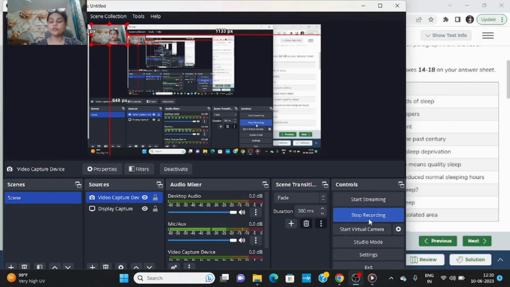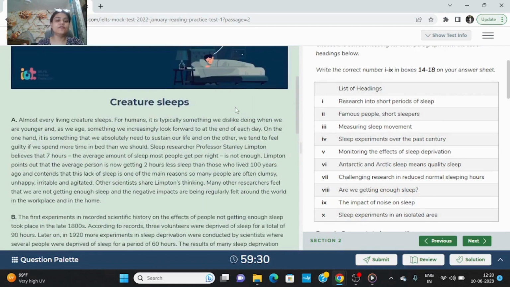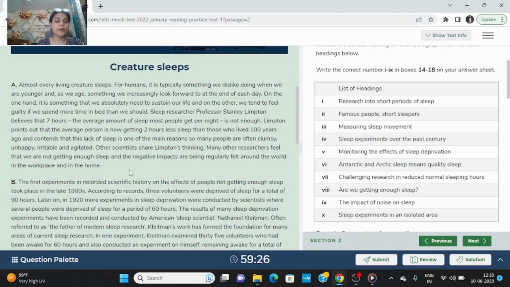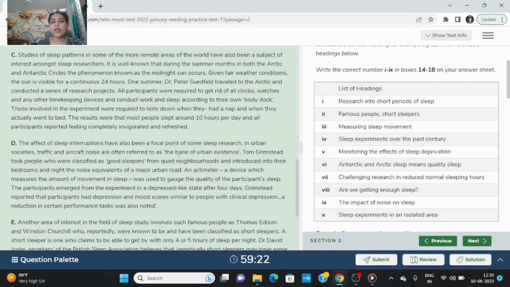Okay, now I am going to share my screen with everyone. As you can see here, on the left side you will be having your paragraphs A, B, C, D, E, F, and on the right side you can see the list of headings.